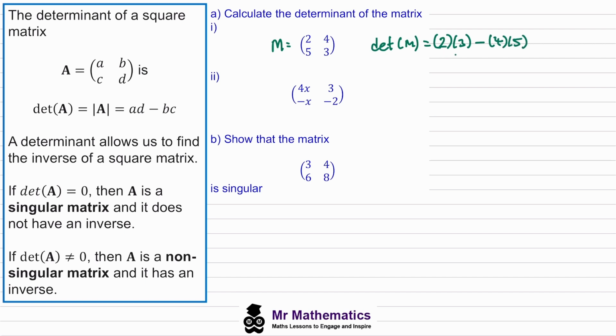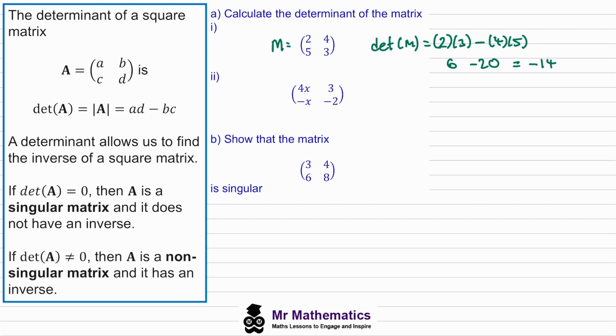So we'll have the 6, take away the 20, this will have a determinant of negative 14. So this matrix would have an inverse. And in the next video, I'm going to show you how to find an inverse of a matrix. In this video, we're just looking at the determinants.